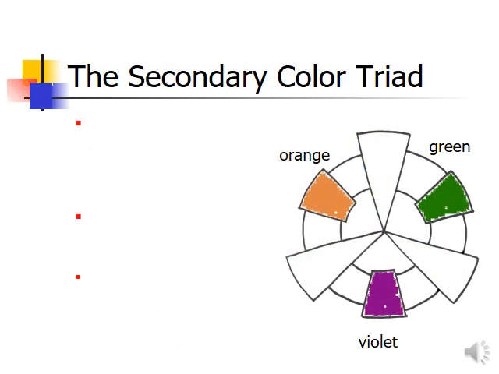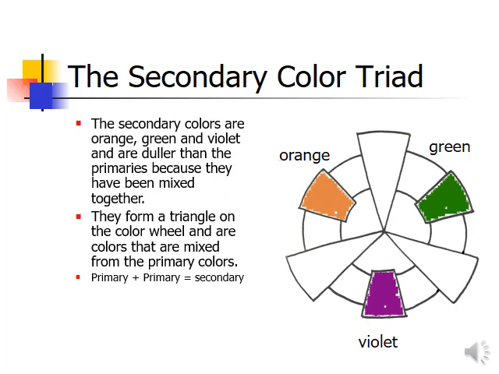And now we have the secondary color triad. The secondary colors are orange, green, and violet, and are duller than the primaries because they have been mixed together. So when we mix the primary colors together, we obtain the secondary colors. They form a triangle on the color wheel and are colors that are mixed from the primary colors.